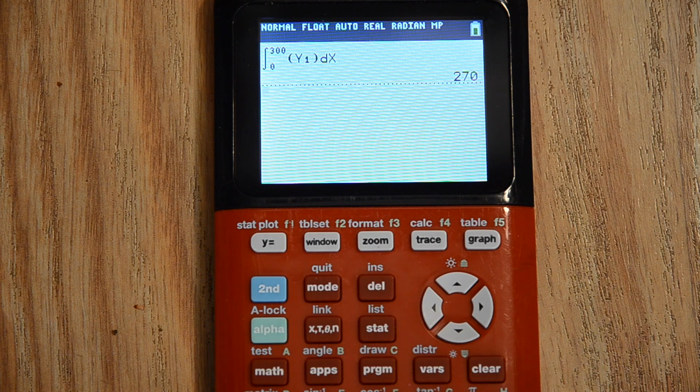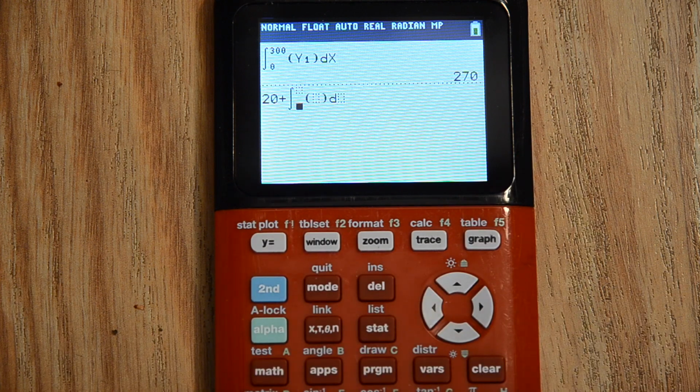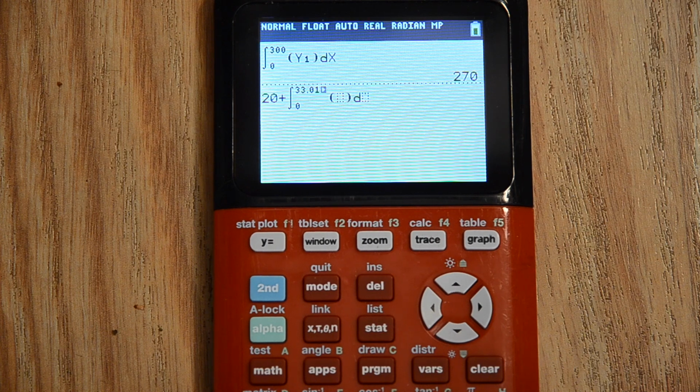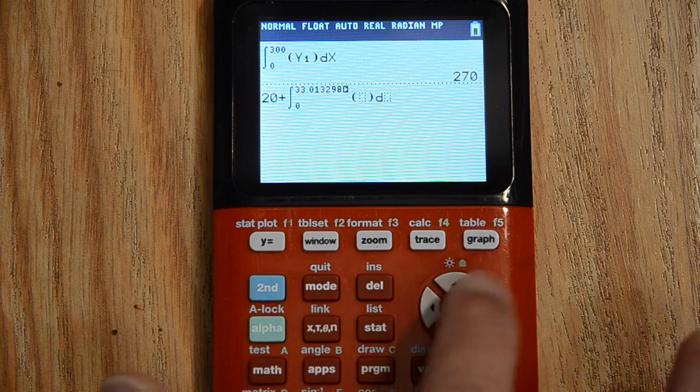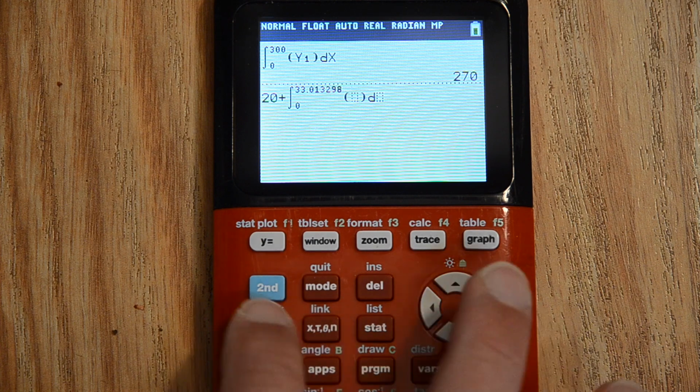So we're going to do the original 20 in line plus math, numerical integral, so 9. We're going to go from 0 to that first time period, again, of 33.013298 seconds. And that function describing the rate at which people were getting in line was r of t, which we stored in y sub 1.